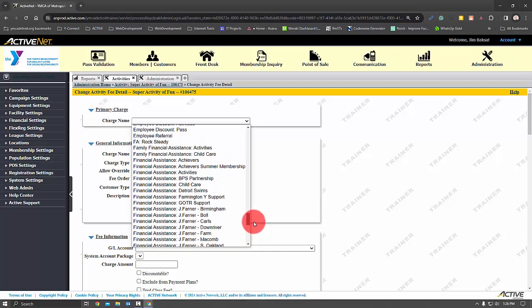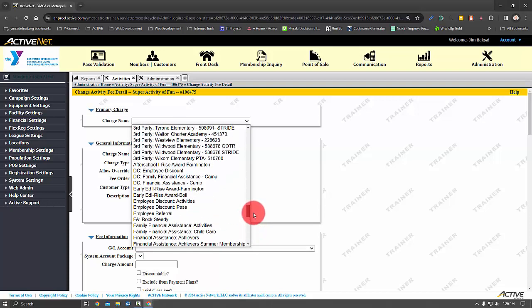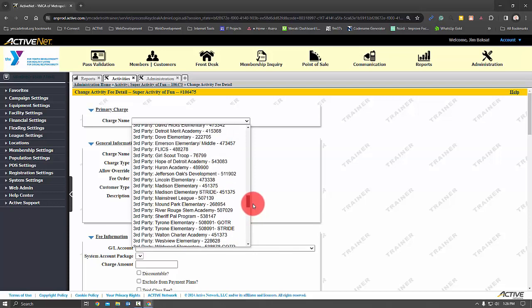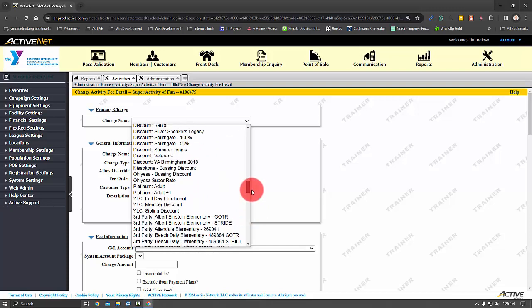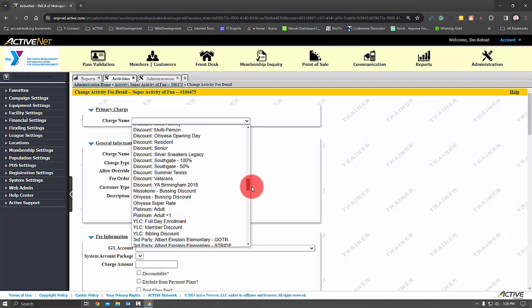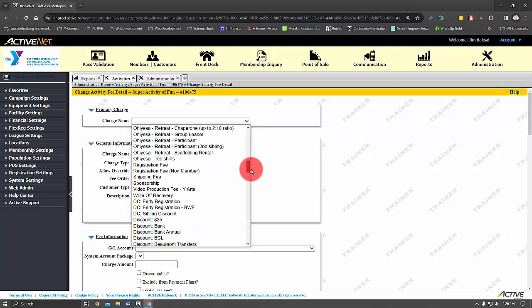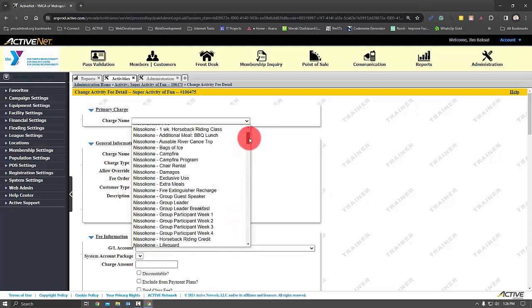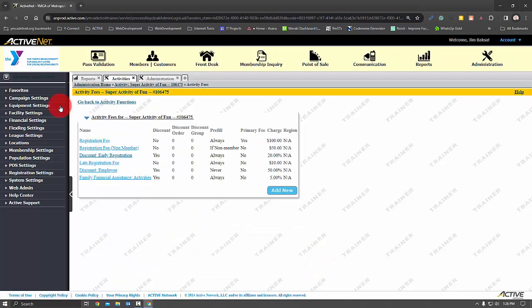This is the test environment, so sometimes things are not always exactly matched. But we would go ahead and we would add in our discount for individuals who have some sort of scholarship. For now, we're going to go ahead and cancel that.